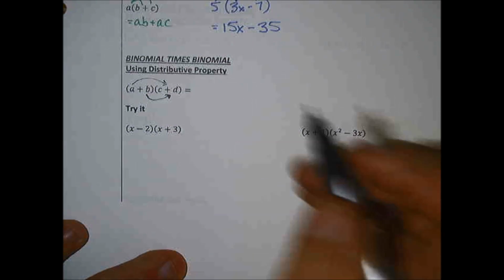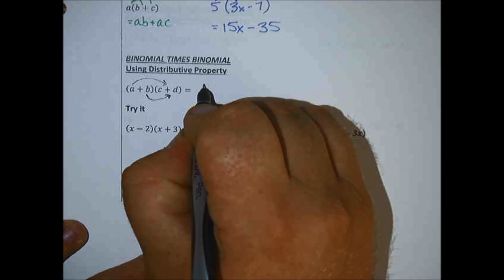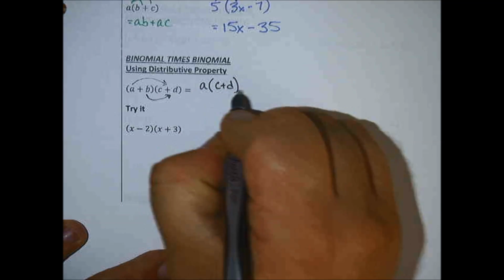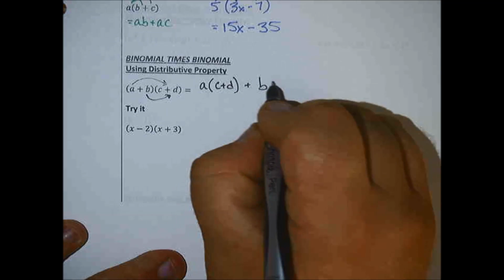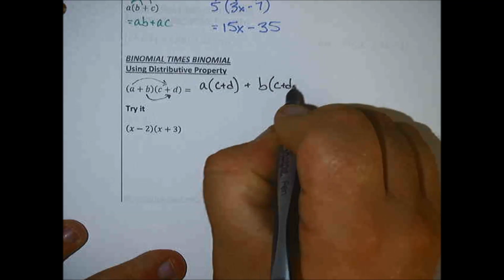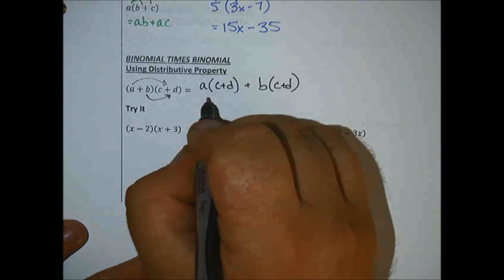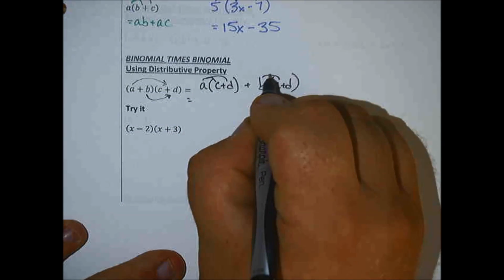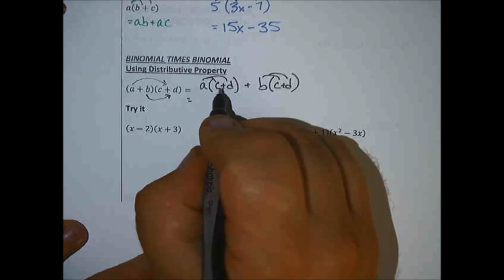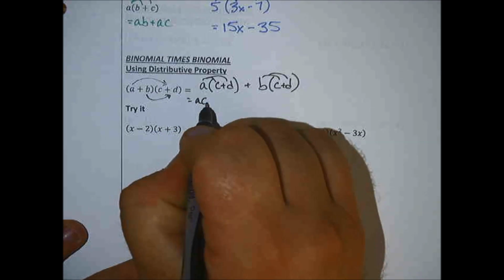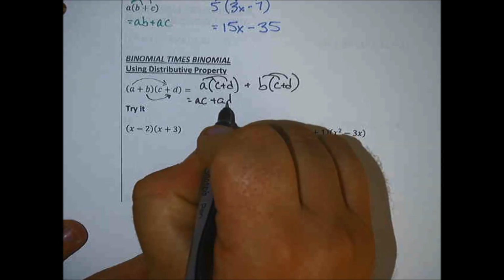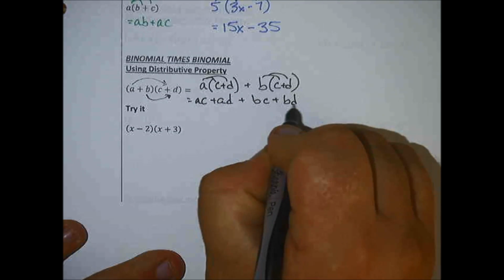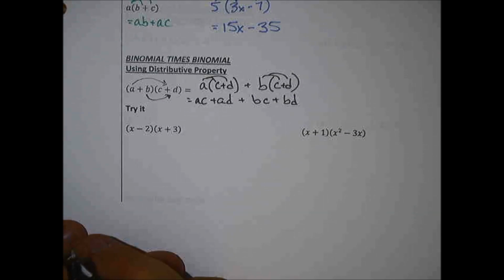Okay, so what that means is that I'm going to have a(c plus d) plus b(c plus d), and then let's see what we get. Now I'm going to be distributing again twice actually. Okay, so we have ac plus ad plus bc plus bd.